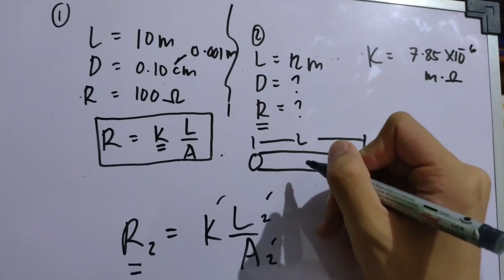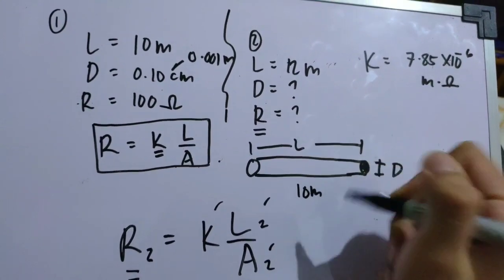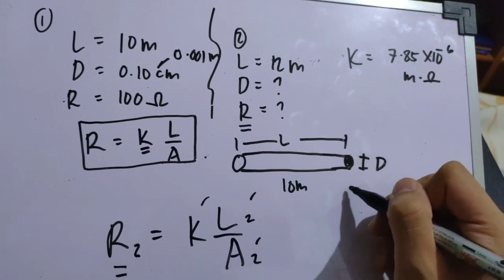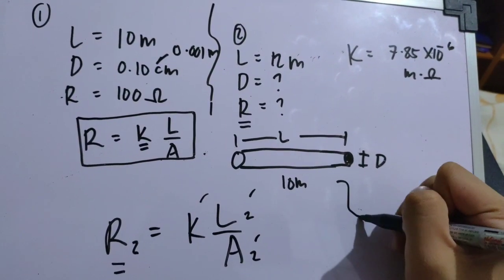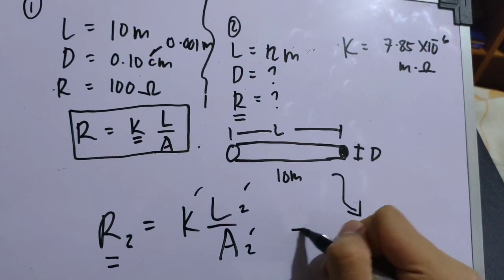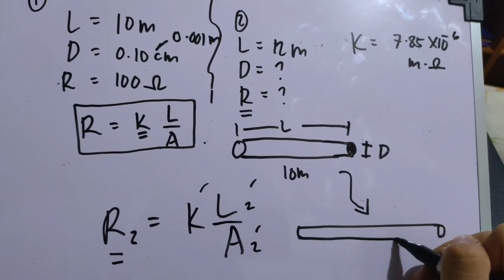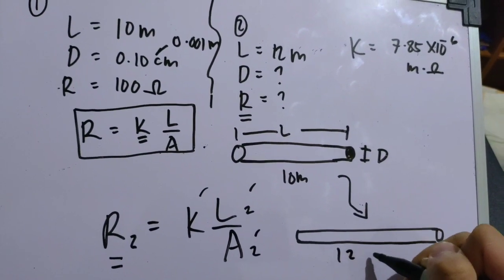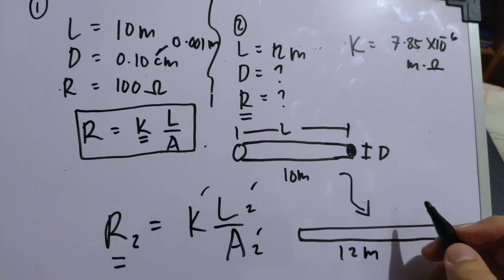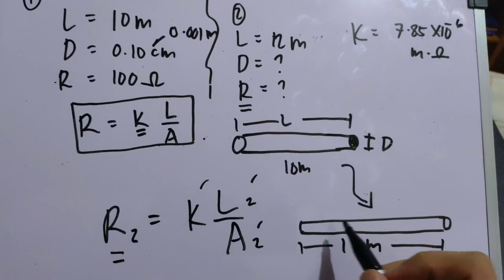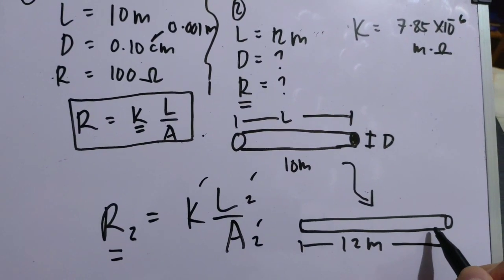So for example, ito yung 10 meters natin. Ito yung unang wire natin, 10 meters siya. Tapos, ni-stretch lang to. Naging 12 meters na siya. So kung nagbago yung length niya, tingin mo ano mangyayari.